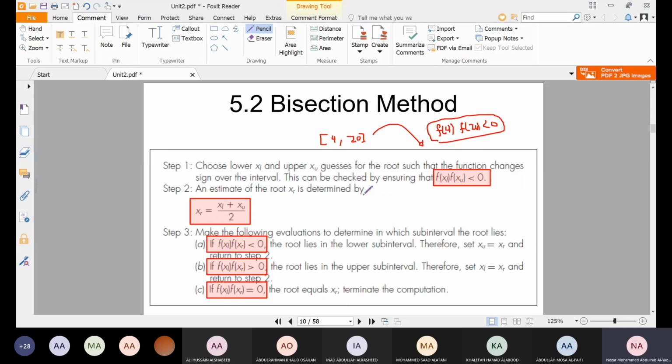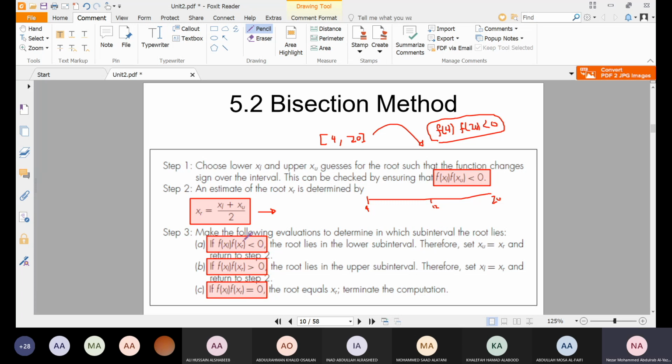After that, we compute the midpoint between the two intervals. This will be x at the lower limit plus x at the upper limit over 2. I compute a new point in the middle. Here I have 4, here I have 20, and the point will be 12.